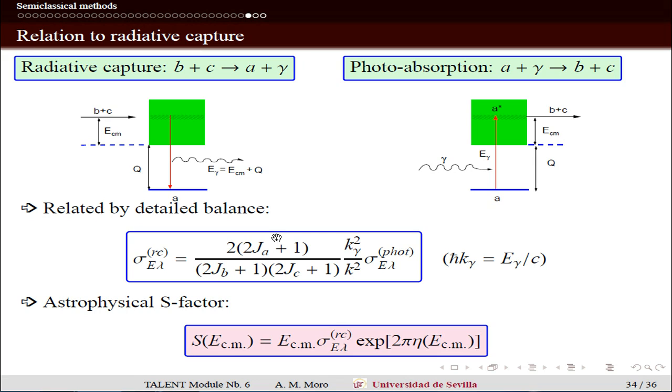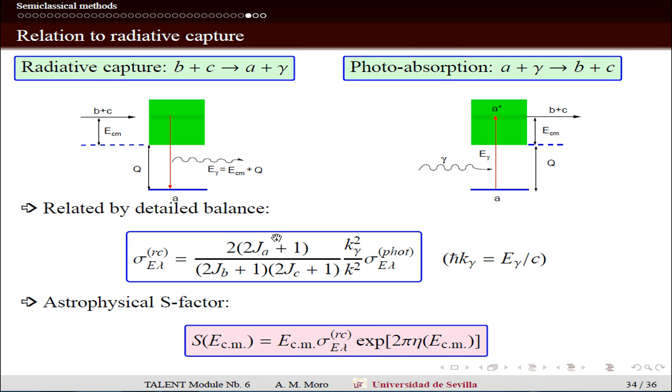This K gamma is related to the momentum of the photon, and then this K is related to the kinetic energy. So the kinetic energy is this here or here. So we have two energies going on that are related by the Q value of the reaction. So don't get confused with the two energies. And these J's are just the spins of the different fragments.